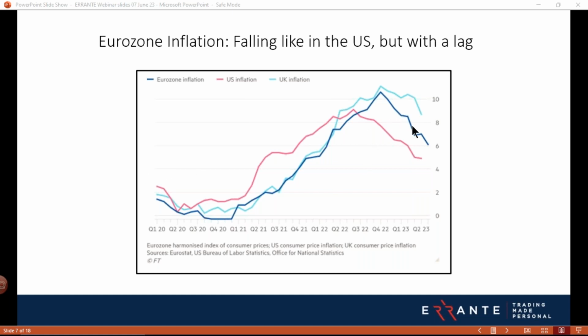Eurozone is the middle blue line, which is falling but slightly lagging the US fall, whereas the UK has an issue with very sticky, elevated inflation. The Eurozone print was released last week and confirmed the disinflationary prints from the country releases we saw before that.